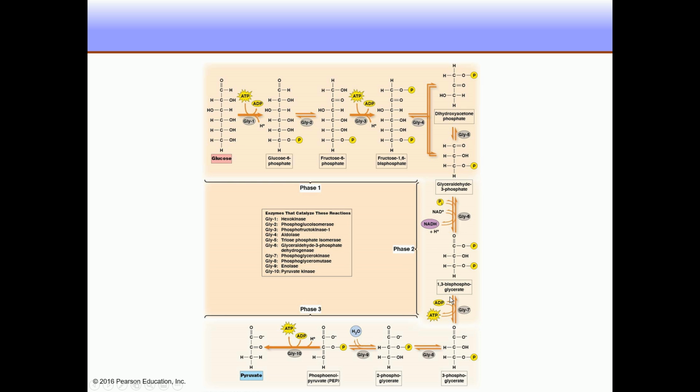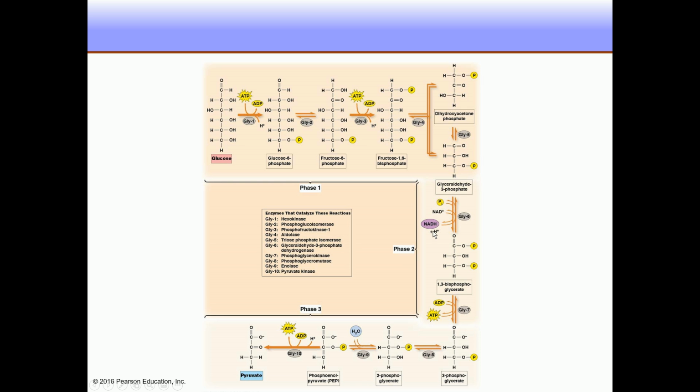In the next step, glyceraldehyde 3-phosphate is going to be converted into 1,3-bisphosphoglycerate. Now what is happening at this phase? Here this glyceraldehyde 3-phosphate is getting oxidized, which means electrons are taken from this intermediate metabolite, and NAD+ is reduced and converted into NADH.